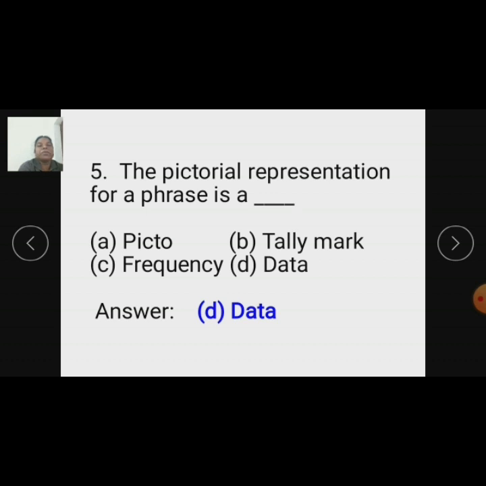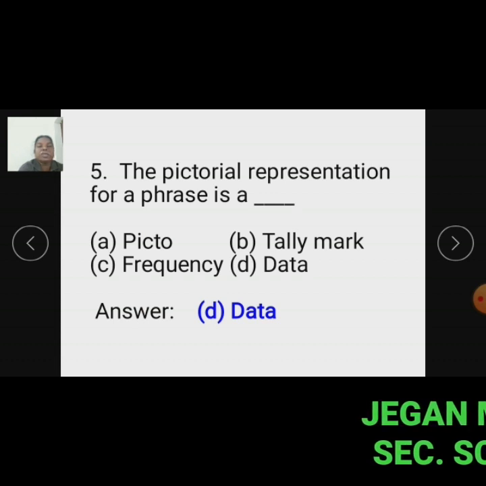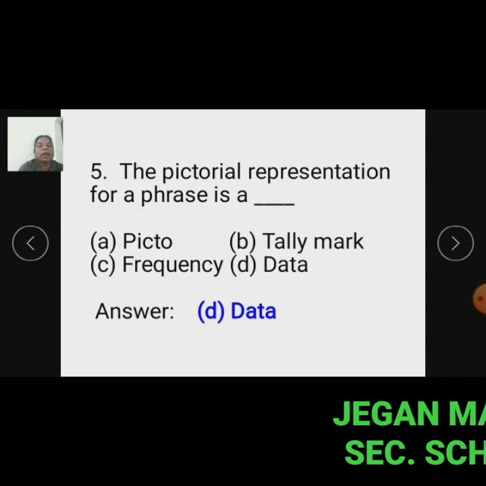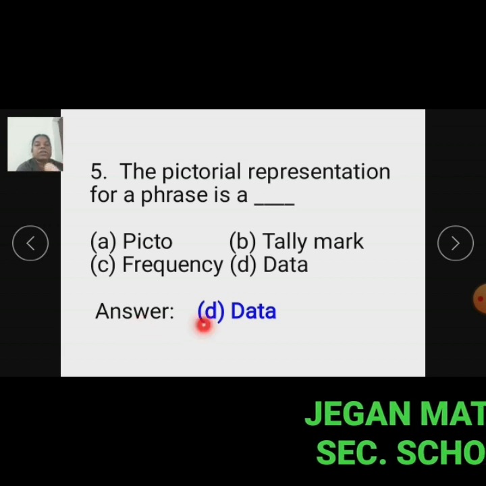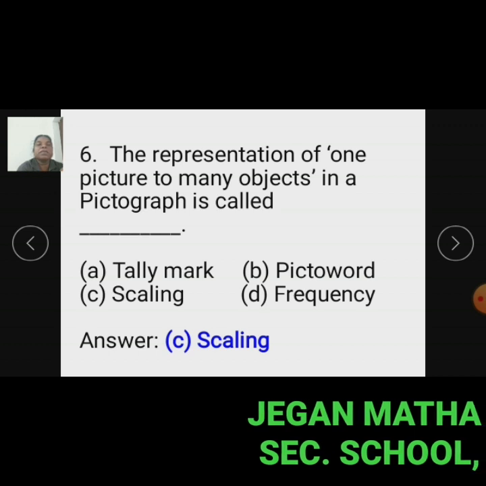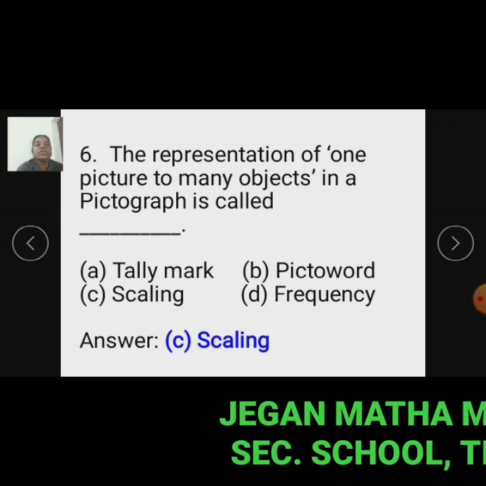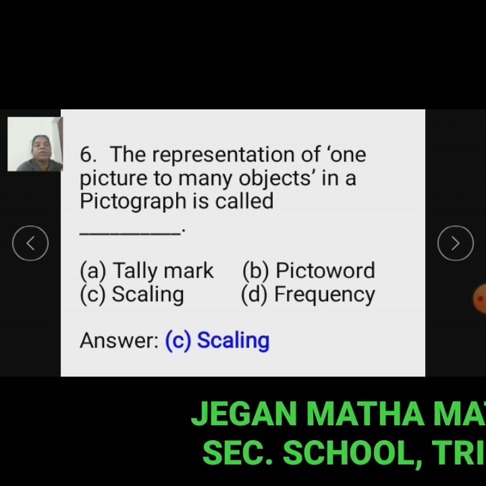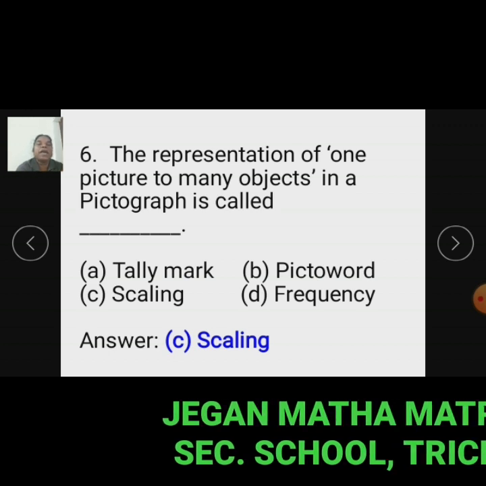Question number 5. The pictorial representation for a phrase is: option A pictograph, option B tally mark, option C frequency, option D data. Answer is option D data. Question number 6. The representation of one picture to many objects in a pictograph is called dash.